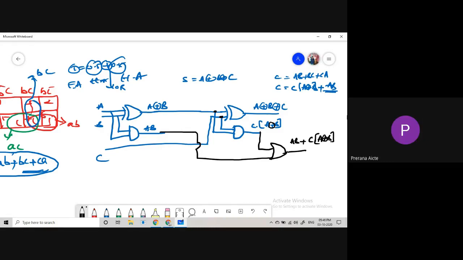How many half adders are required for one full adder? Two. How many OR gates? One. So based on this technique, we implement the full adder with two half adders and one OR gate.